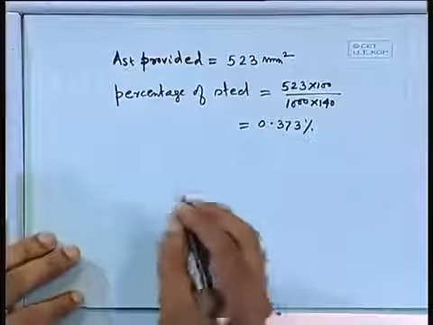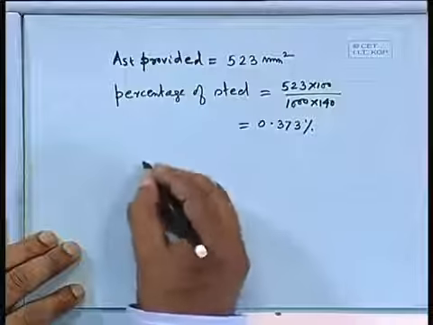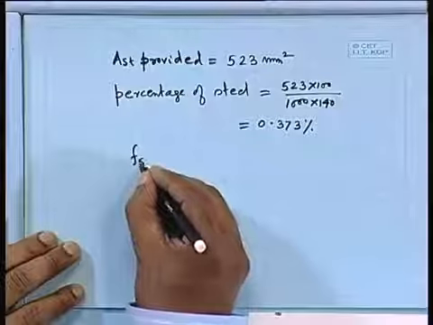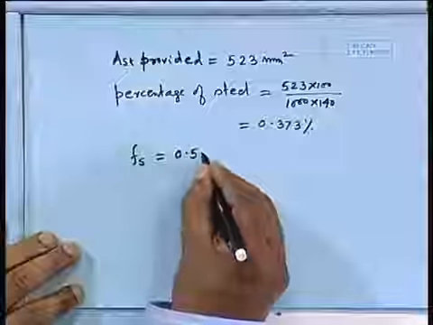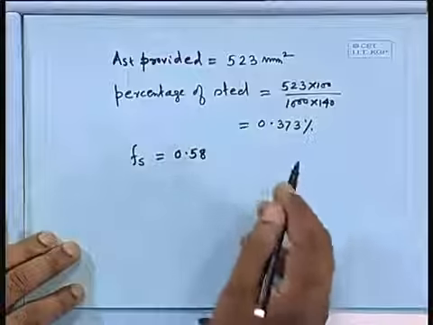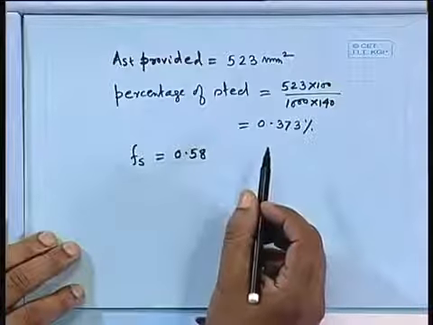We have assumed that L by D is 25. Now, we would like to check whether that is sufficient or not, because we have to control the deflection also.